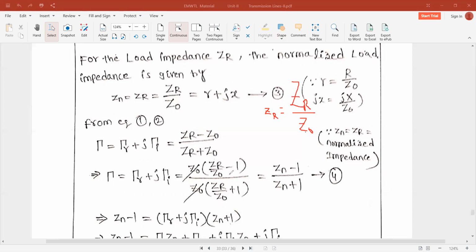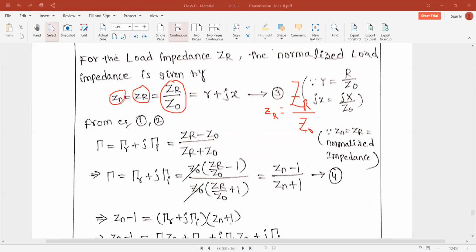ZR by Z0 minus 1 by ZR by Z0 plus 1. And Z0 gets cancelled. You can replace ZR by Z0, which is nothing but the normalized load impedance Zn. In some textbooks that is represented as Zr, and there is a confusion between Zr and here the Zr.